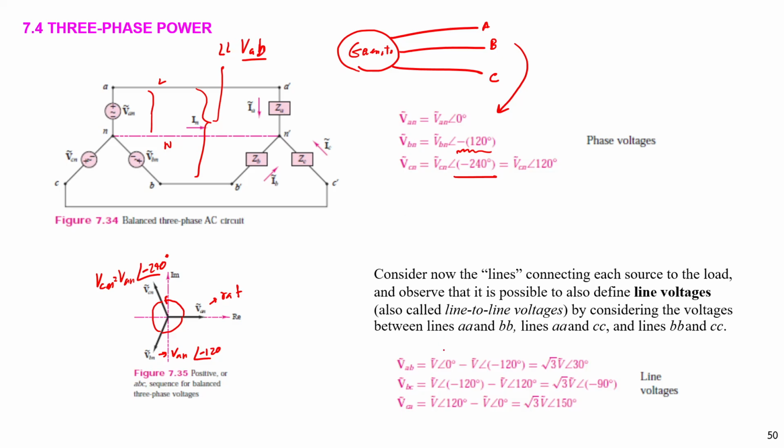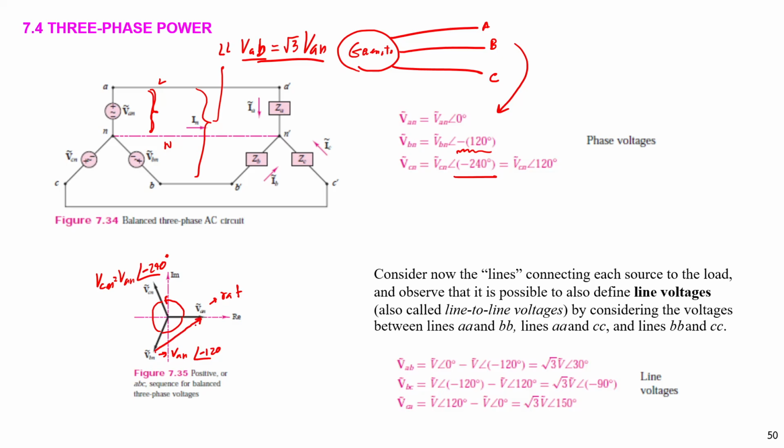VAB will equal the magnitude of the phase voltage, VAN, times square root 3. Okay, it's root 3 times this voltage.